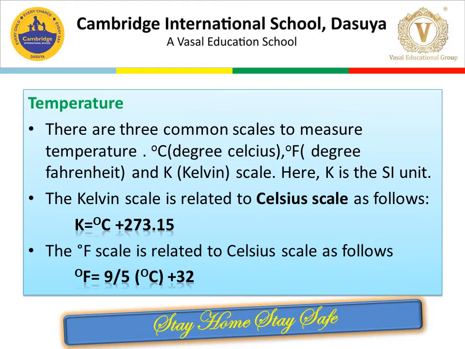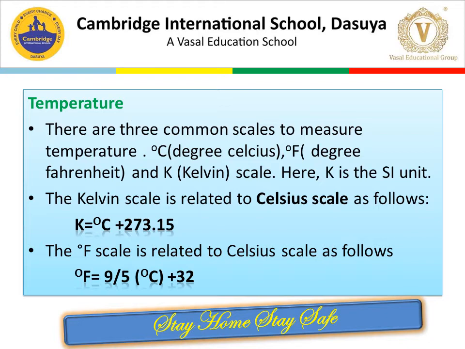Clear? Or let us suppose the temperature is 300 degrees Celsius, then on the Kelvin scale how much will it become? Yes, it will be 300 plus 273, that is equal to 573 Kelvin.